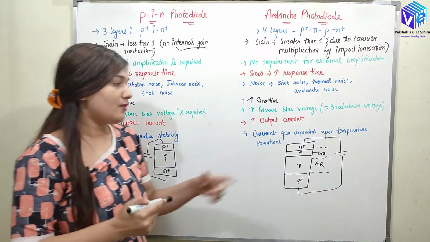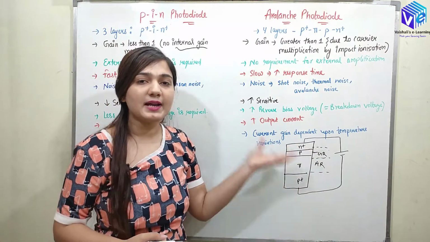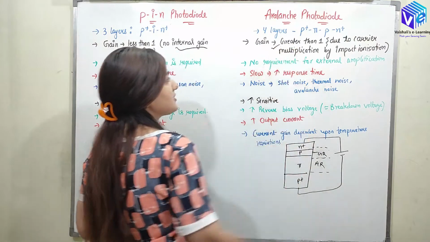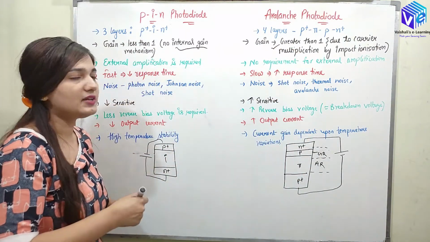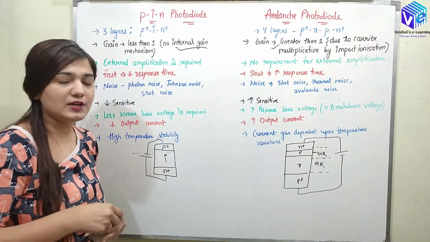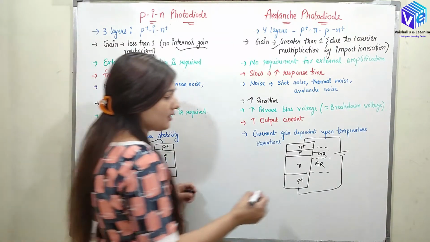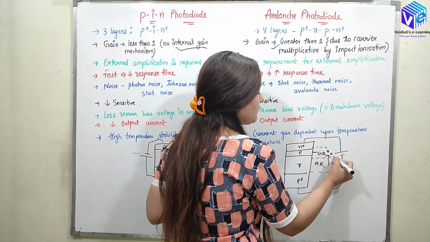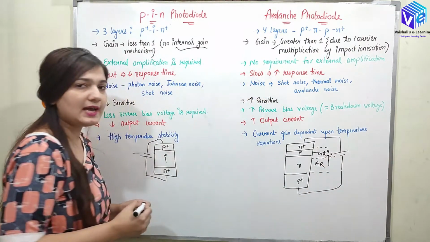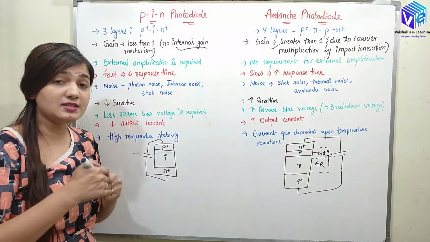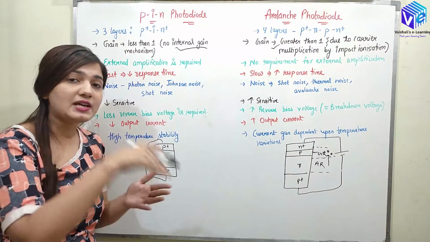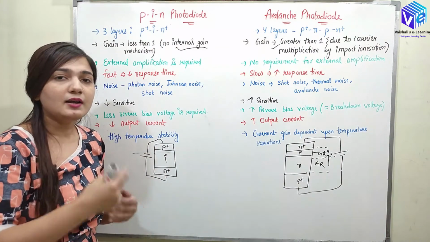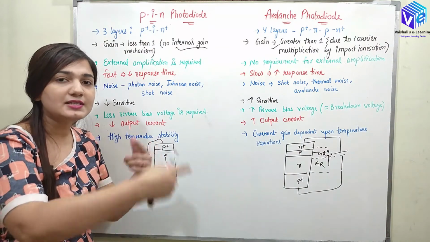Here we have an internal mechanism by which we are providing the gain. Gain is greater than 1 in this case, because we have carrier multiplication due to impact ionization. The carriers move to the gain region, and there they multiply with the help of impact ionization, the same way an avalanche happens. In an avalanche the snowball comes down the hill of the mountain and increases in size.